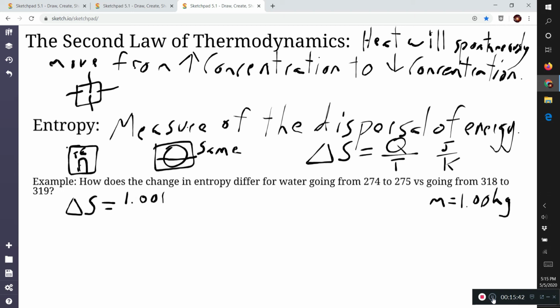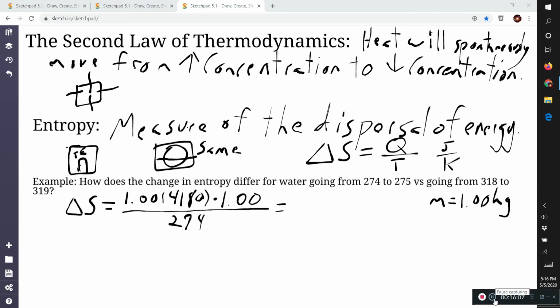So we have 1 kilogram of water times the specific heat of water, 4,180, and we're going up by 1 degree Kelvin, so times 1, and divided by the temperature, which is the starting temperature, so divided by 274.